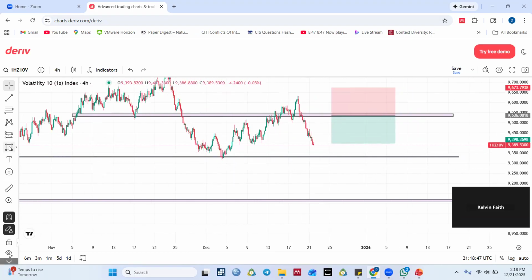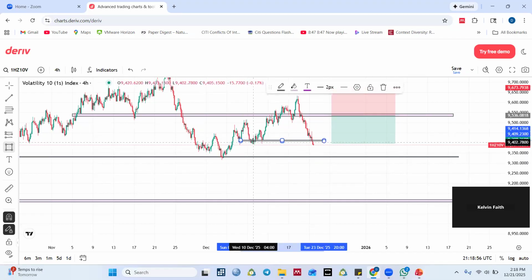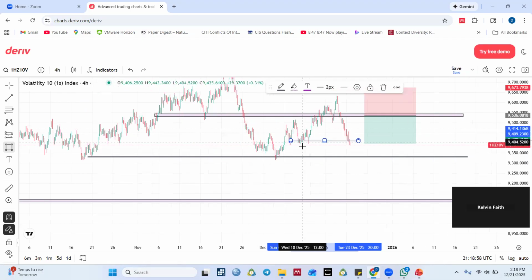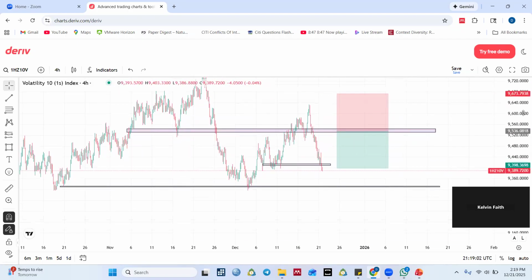We have this internal. So on the 4 hour, I can identify this internal area here that price has bought from. So you can now see internal and external PSR, or internal and external levels.